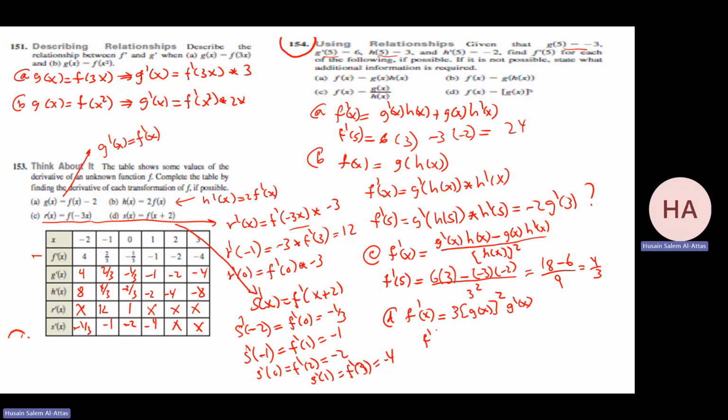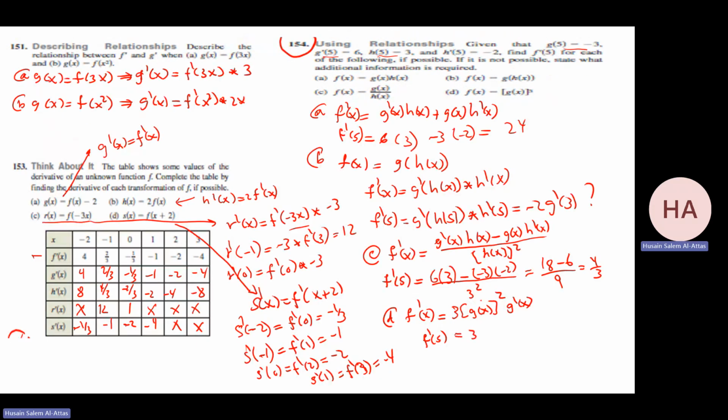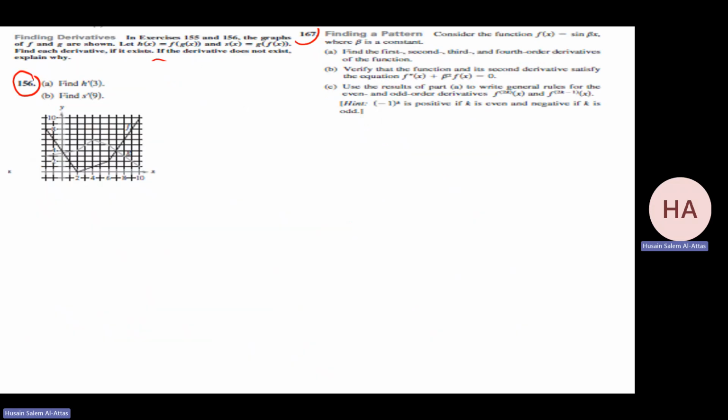F prime at 5 will be equal to what? 3 times g at 5, which is minus 3, squared, and g prime at 5, 6. 3 times 9, 27, times 6, 162. This is 120, 42, 162.